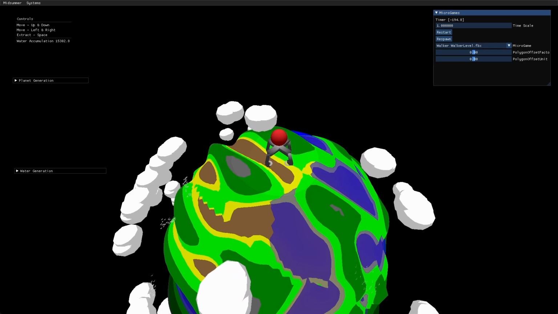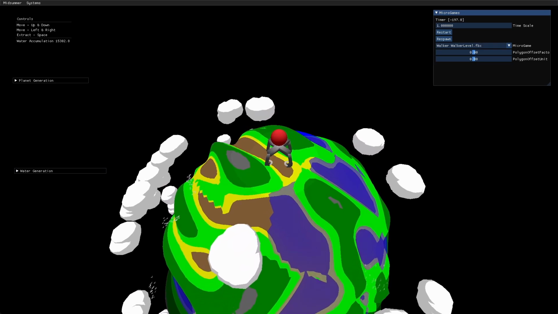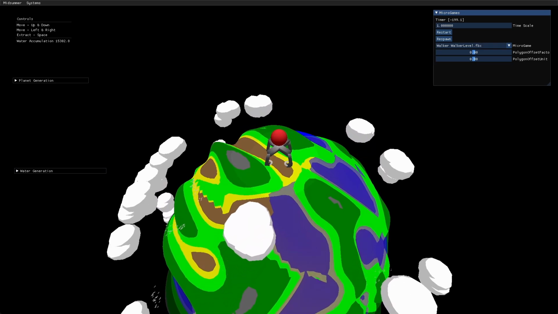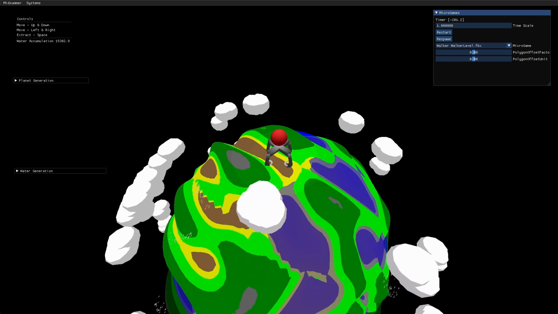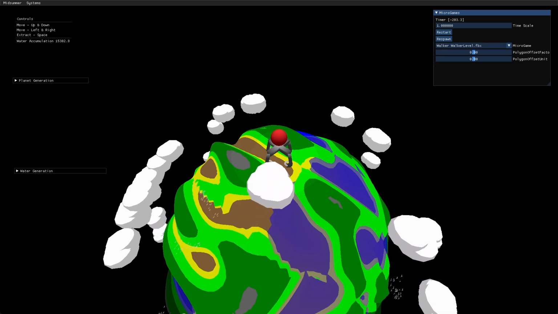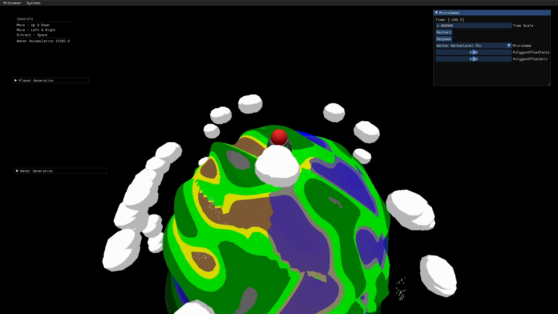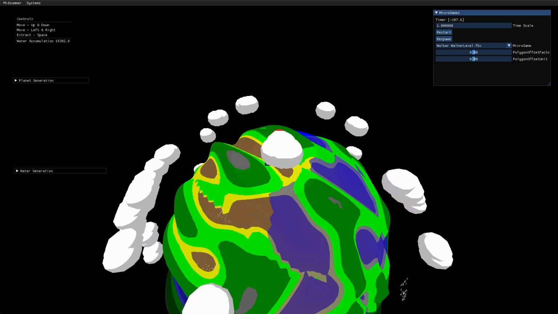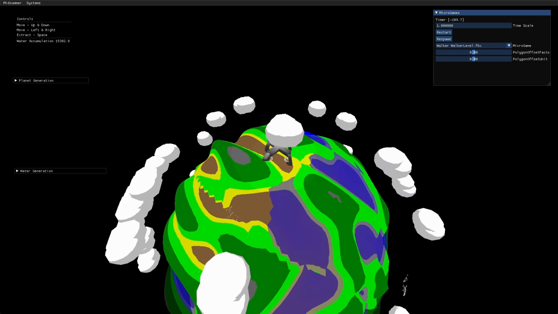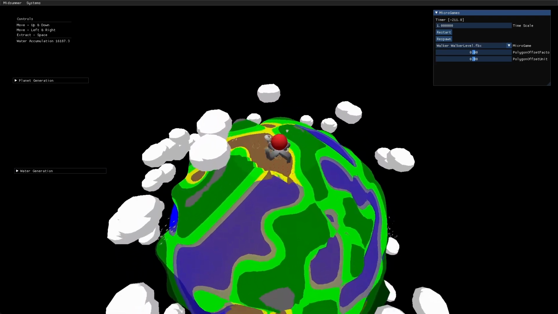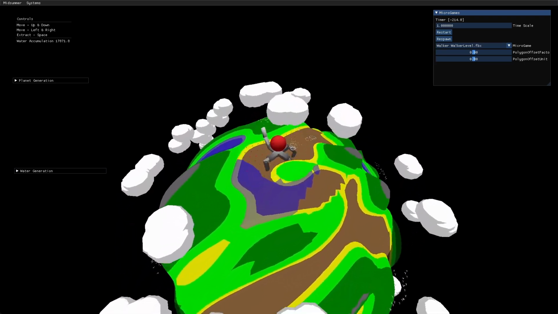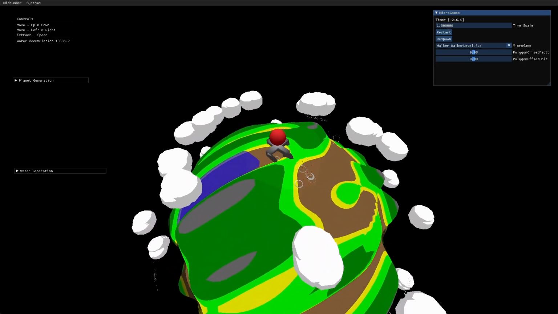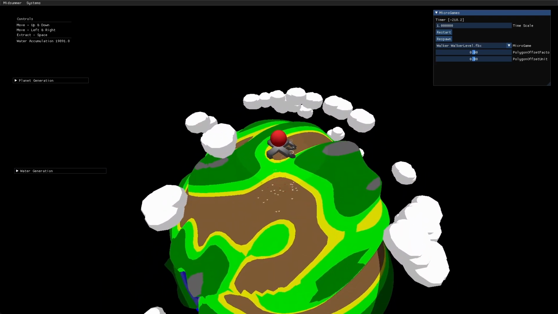The clouds are just a bunch of spheres bashed together. It doesn't look super good, but it's functional. Then there are birds flying around the level. The birds are groups of birds, and they're just flying around. They are static meshes using instance rendering, so I can afford quite a lot of them.